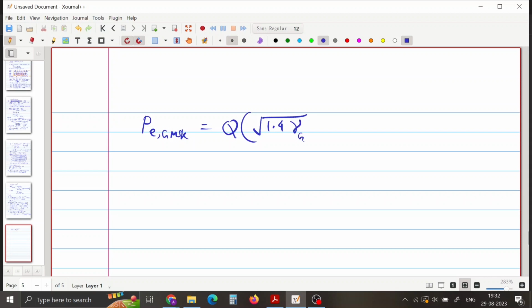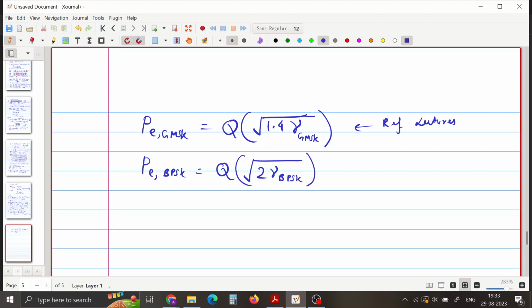Gamma I denoted as the SNR for the GMSK. So refer to the lectures, this was shown in the last lecture. And what about BPSK? BPSK I already know the expression, that is Q function of square root of 2 gamma, correct? Square root of 2 gamma BPSK.